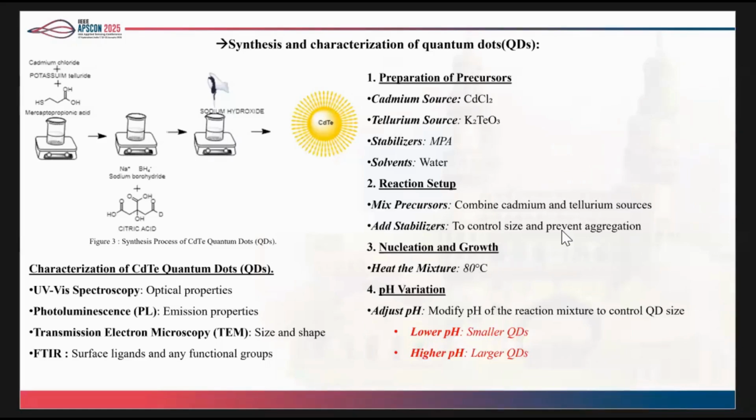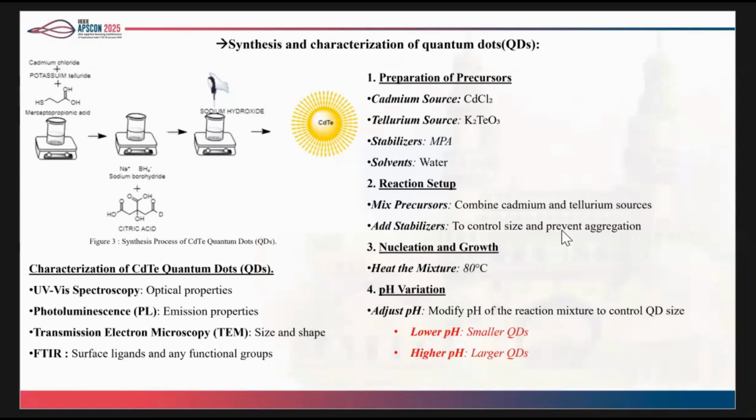Later it will have a brown color, like a brown precipitate, because it has seed particles within it. Also, due to the presence of MPA as well as citric acid, the pH of the solution is acidic, so now I have to raise it above pH 7. So I add sodium hydroxide to change the pH of the solution. By varying the pH of the solution, I can tune the size of the quantum dot.